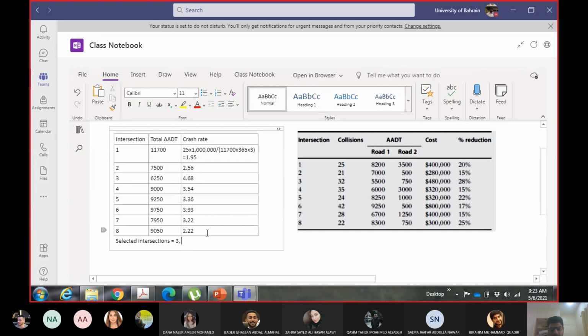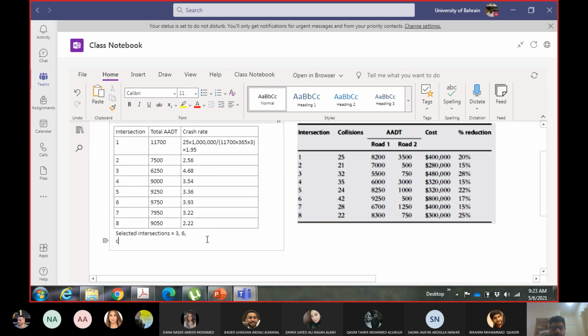If you select site number 6, the cost will be 480,000 plus the 800,000 they are requiring for site number 6. The total is still less than 2.3 million. So I can go for the next highest rate as well, and that is site number 4.